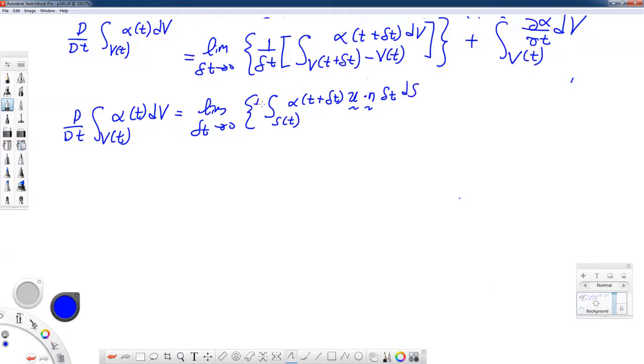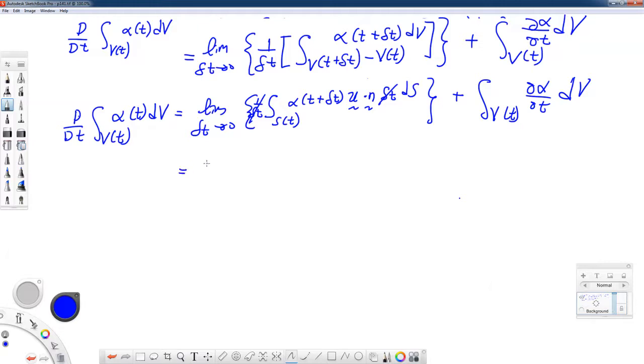We have the delta t right here, but this will actually cancel out with this term. And we have plus this integral over v of t, partial of alpha with respect to time, dv.